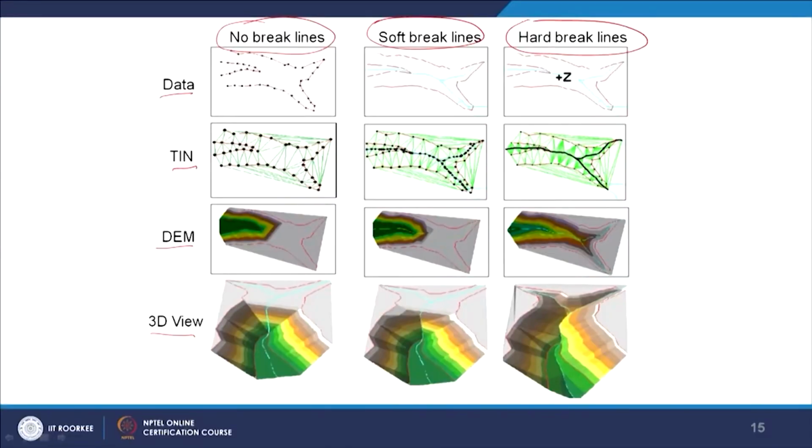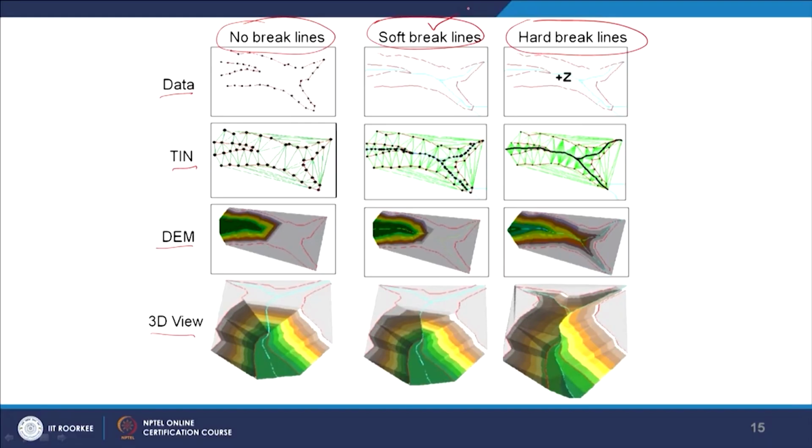If I know by some means that it is impossible for water to flow across that ridge or dike, then while creating the surface I will go for the hard break line option. But if I know that the vertical feature or dike allows some water to flow, then I would call it a soft break line.